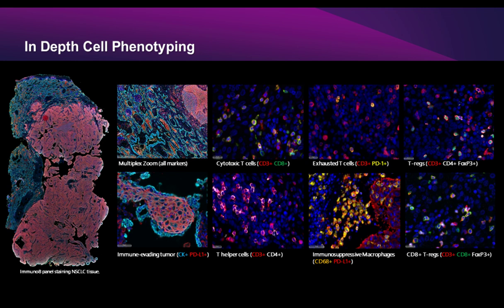For instance, exhausted T cells have this phenotype here, which is CD3, PD-L1, or PD-1 rather, positive. So that's when you want to put the effort in to doing this large data analysis. Otherwise, I would say that if you're just looking at T cell population, then you might be better off with a singleplex IHC.